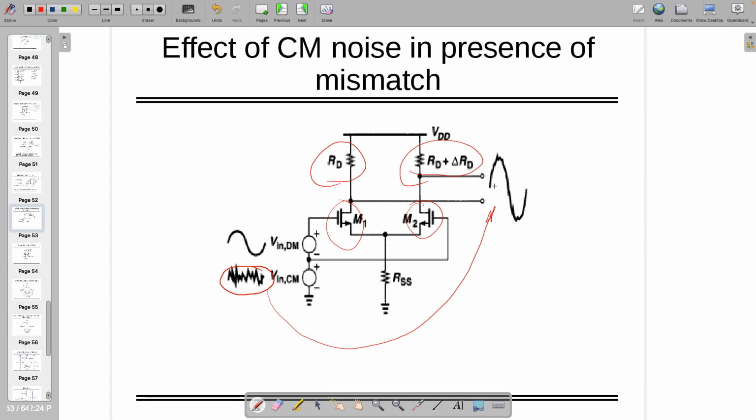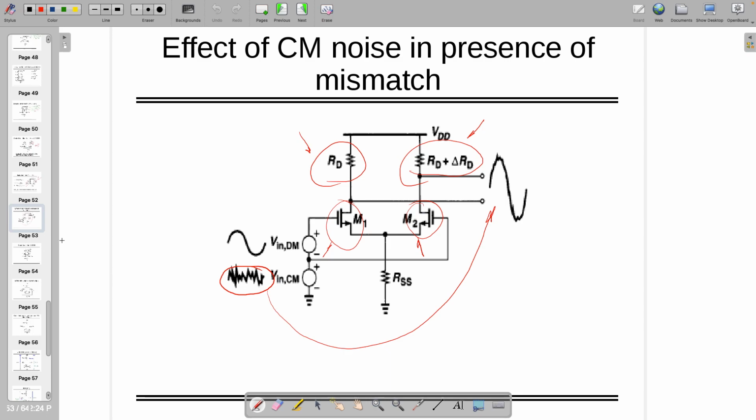Common mode noise is not zero in this case, and you can experience degraded signal to noise ratio and other harmonics. There is no guarantee that this resistance and this resistance will be the same, or this GM and this GM will be the same, so you will see some harmonics at the output. That is what this whole exercise is about.